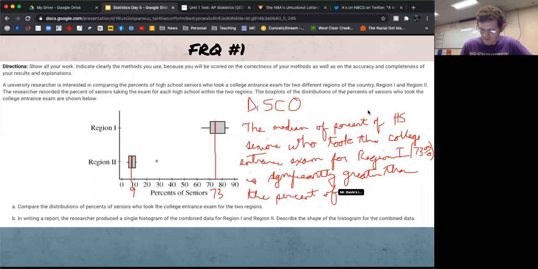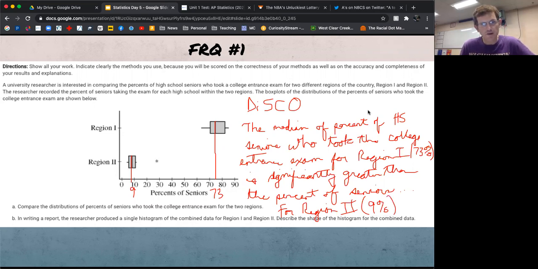You might even want to, just for CYA, cover your butt, write it all out again. The percent, I'm not going to do that right now. Percent of seniors who took the college entrance exam for Region 2. That would be about 9%. You just made a comparison between the centers.